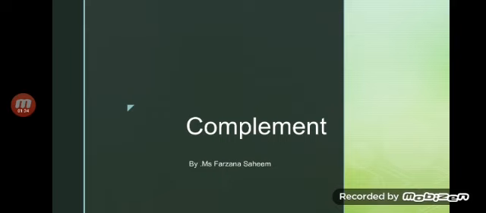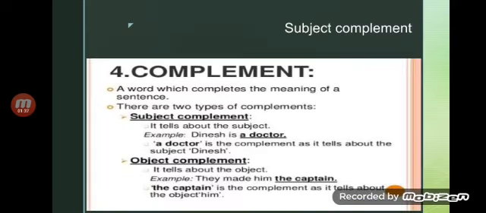Sometimes we need some words to add to this foundation to complete its meaning. Are you getting it? The complement gives the complete meaning to a sentence. It is a word which completes the meaning of a sentence.